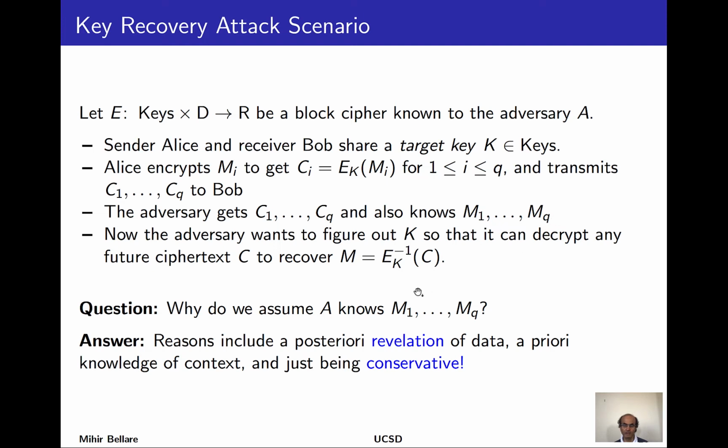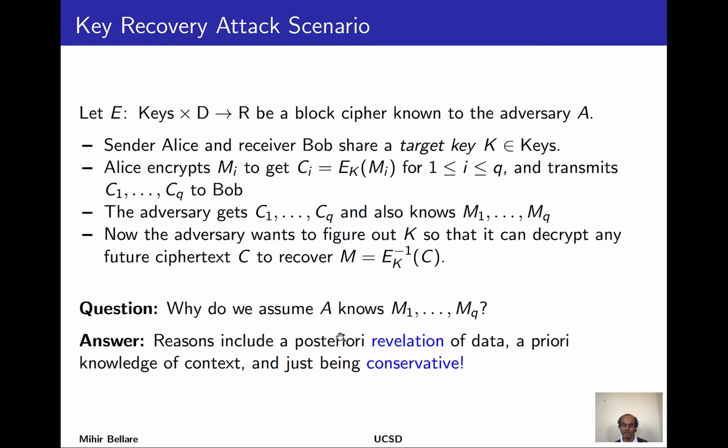What's going on here? What this is trying to capture is a kind of worst case scenario. It's wrong to assume that the adversary knows nothing about the data. There are many reasons why it might find out something. One of them is what we call a posteriori revelation. What that means is that at the time encryption was performed and the ciphertext was sent, the adversary didn't know the data.